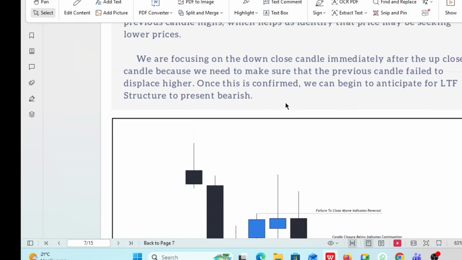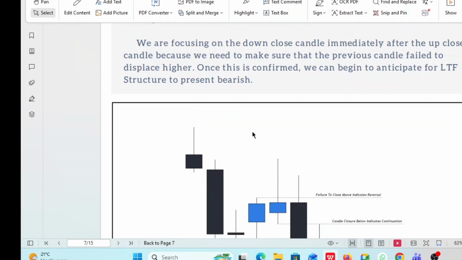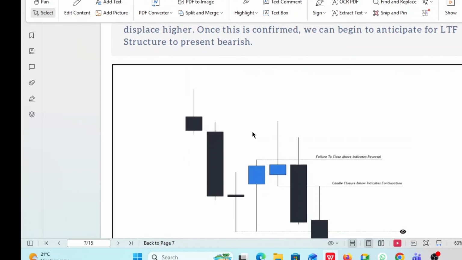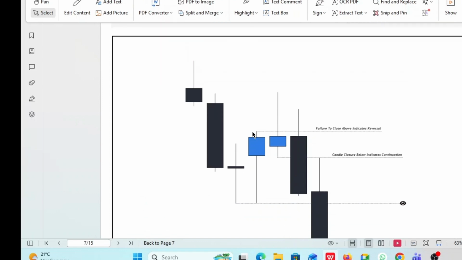We are focusing on the down close candle immediately after the up close candle, because we need to make sure that the previous candle failed to displace the high. When this is confirmed, we can begin to anticipate the lower time frame structure to present bearish. So for this one, the candle has to sweep the previous high and close within this range to confirm to us that the market is actually bearish.